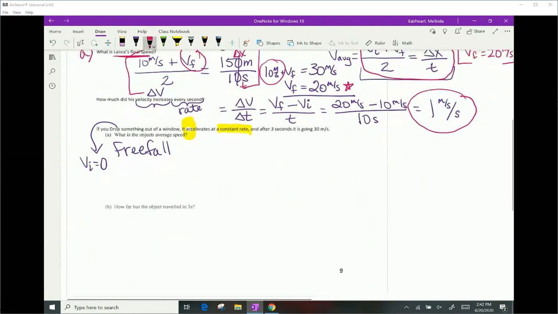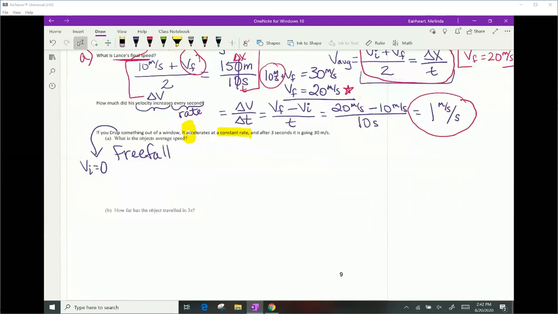Okay. So I gave you the tip that if you drop something, it is actually released from rest. And if we drop it out the window, it's going to speed up at a constant rate. Ooh, we get to use the mathematical average.